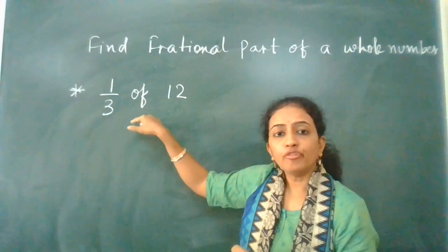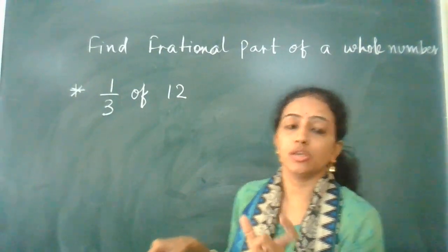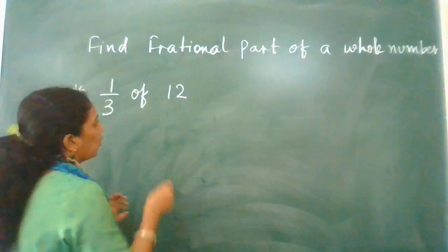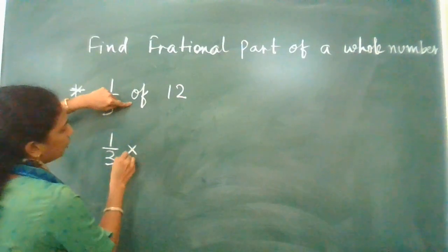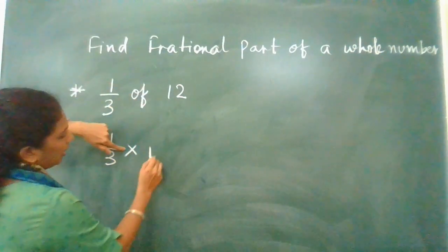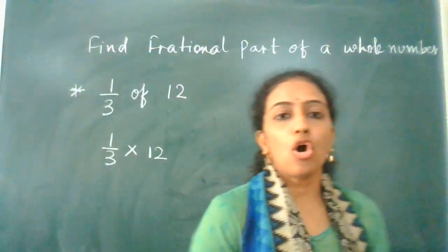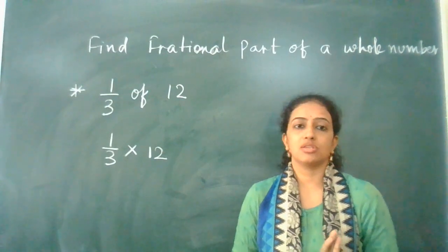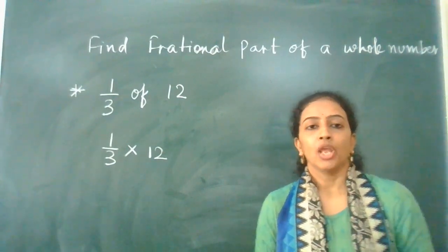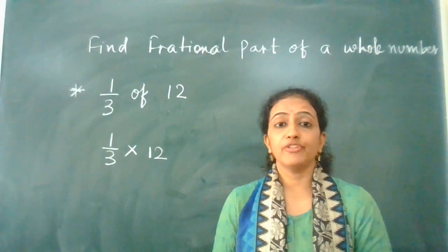Okay, now this 'of' we have to replace with the operational sign. This 'of' will always be replaced by the multiplication sign. Okay, so this 'of' you can replace only with the multiplication sign. You cannot put any other sign. You cannot put addition, subtraction, division.